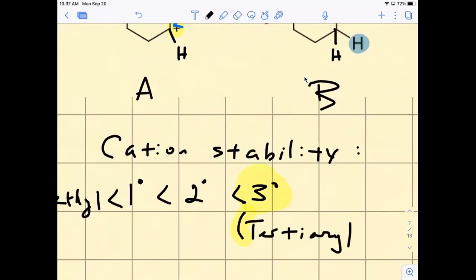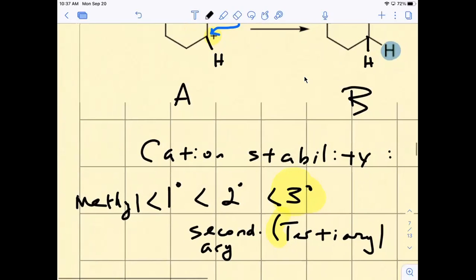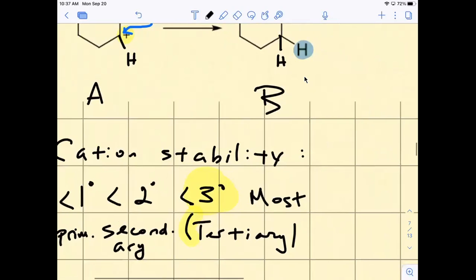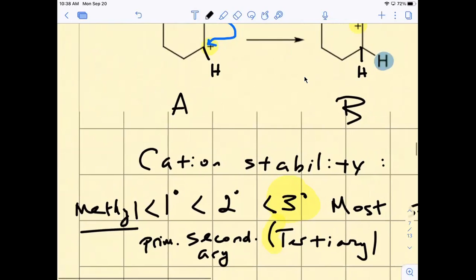And then this is secondary. And then the one is primary. And then methyl. So this is the most stable, and then the methyl is the least stable.